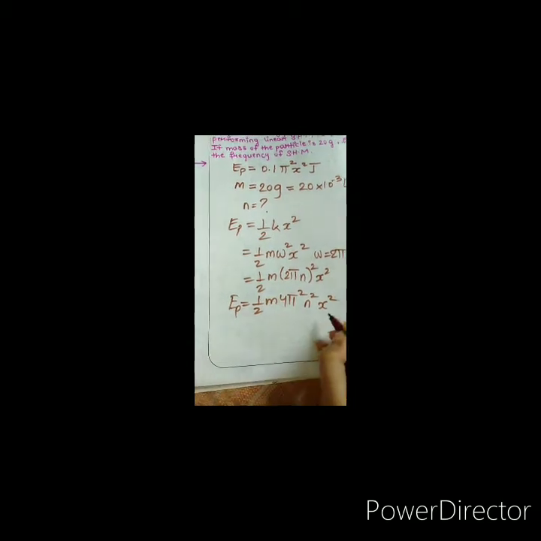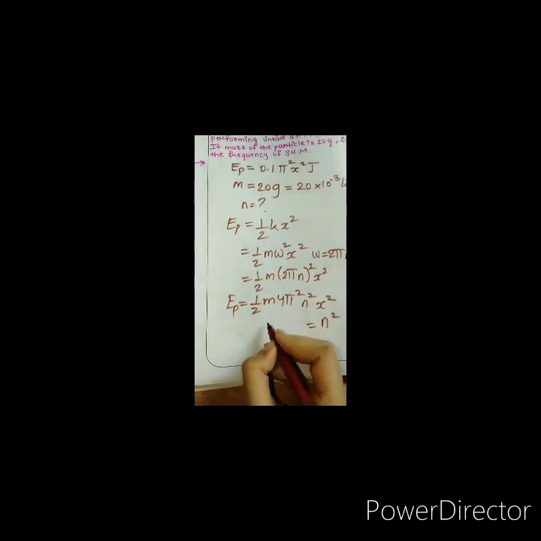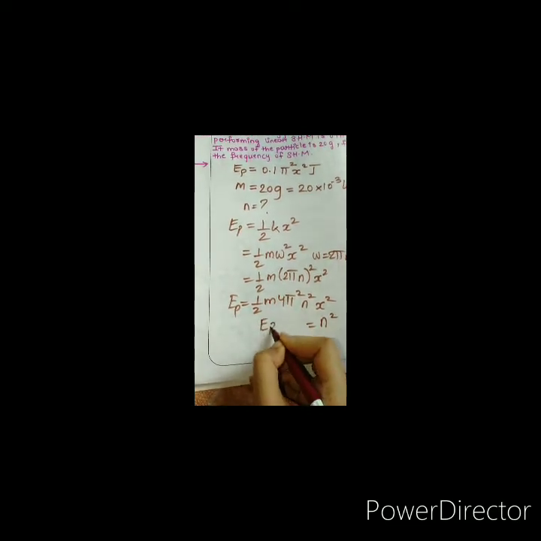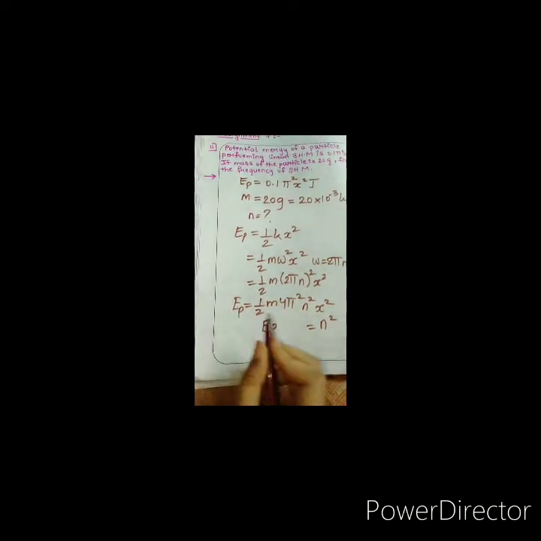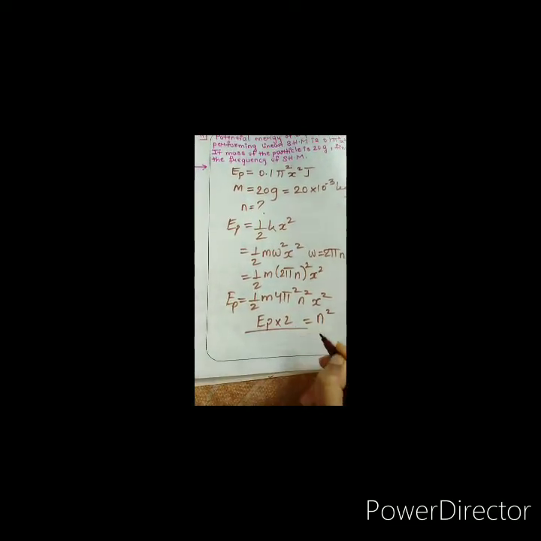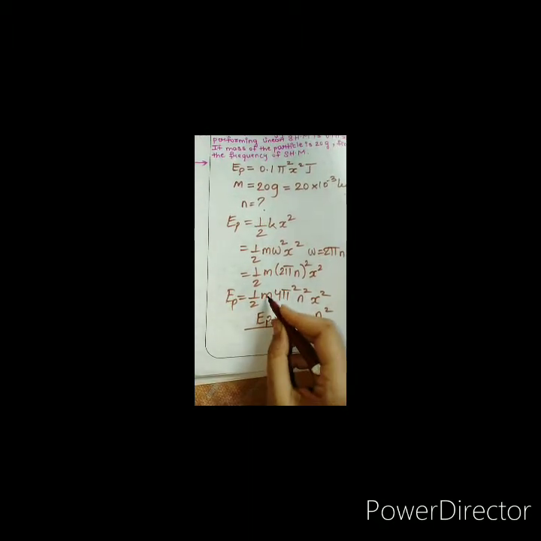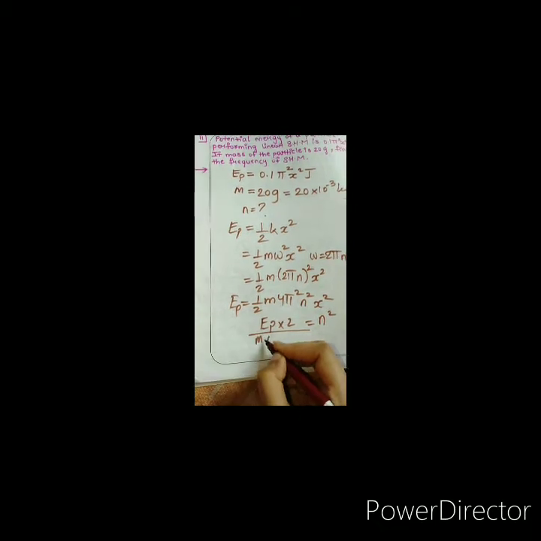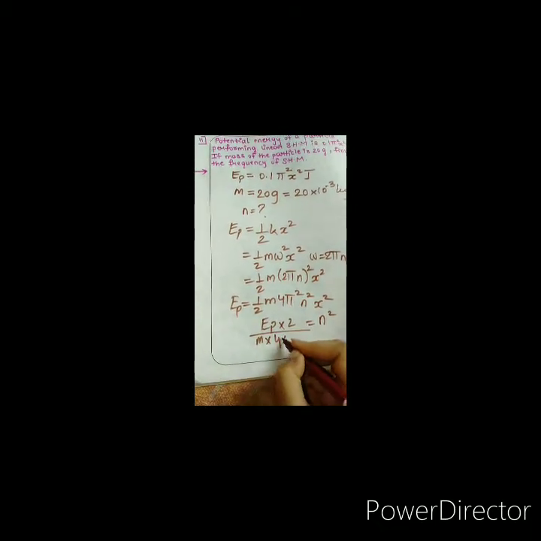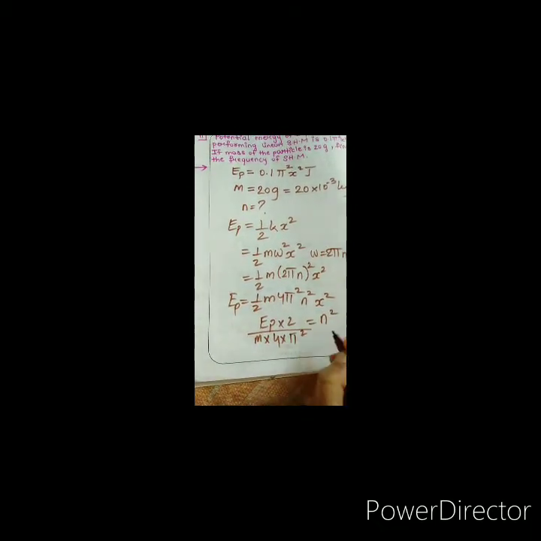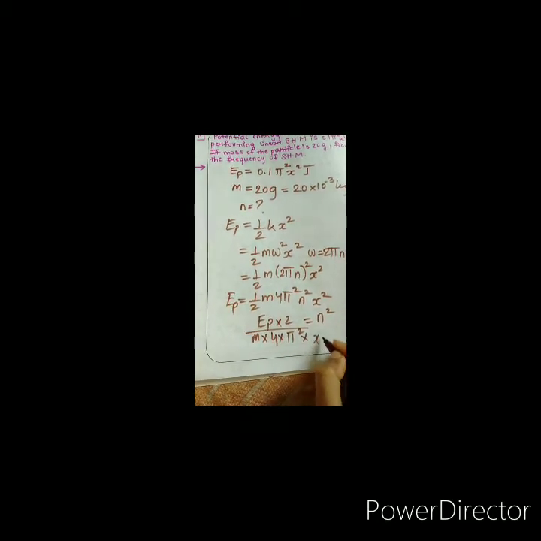Okay, let n square be on the right hand side, and take the rest of the terms towards the left hand side. So here is your potential energy on the left hand side, 2 will go in the numerator, and all other terms from the right hand side will come to the denominator: m in the denominator, 4 pi square and x square.